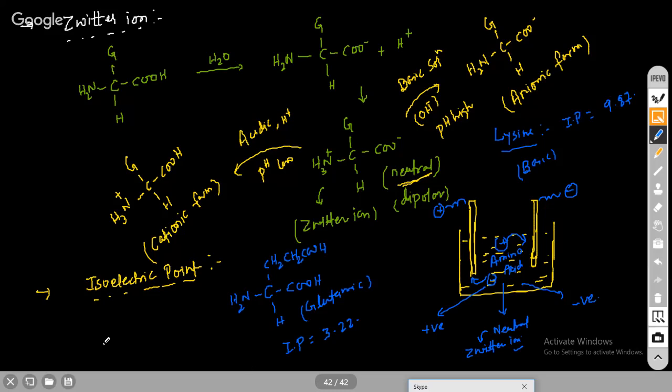But in the case of alanine, is alanine acidic or basic? Alanine, you tell me the structure of alanine. CH3, we have one NH2 and one COOH.